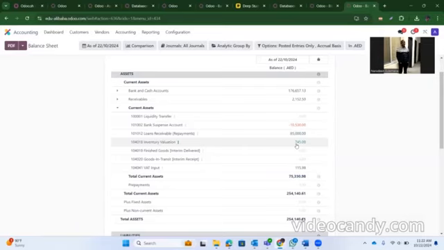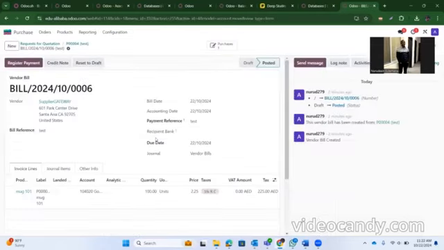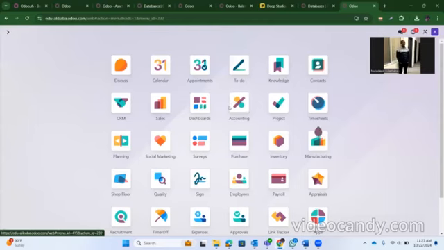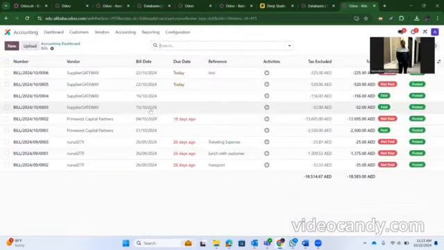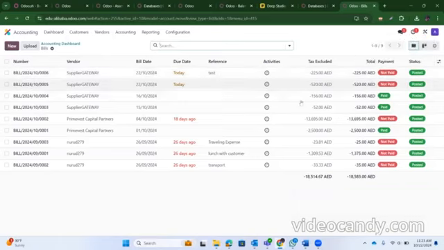Okay, having done this, let's go back, and now we are done with the pitches. We have received it. So the next thing to do in finance is to pay the supplier, either by bank or something. So that will be taken care of at a later stage, depending on the payment terms. Depending on the payment terms, you will be able to pay this particular bill number 6 as it is.